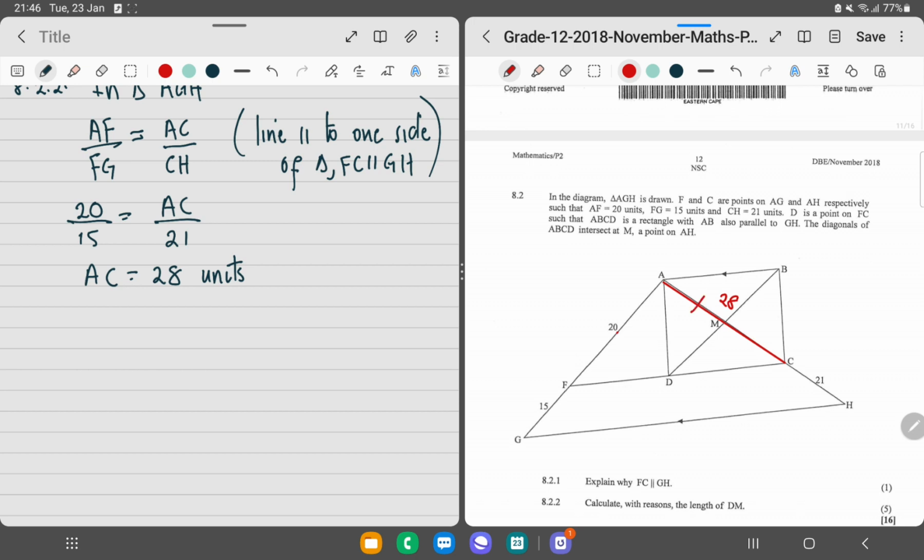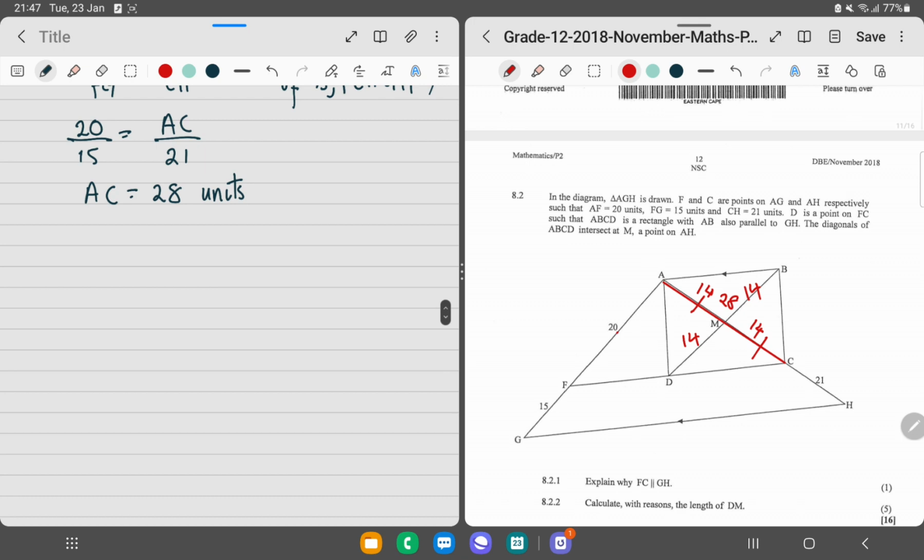But we know that the diagonals should bisect each other. So it means that AM is 14 and MC is 14. This is true for the side, 14, 14. So we will say AM is equal to MC, which is equal to 14 units.